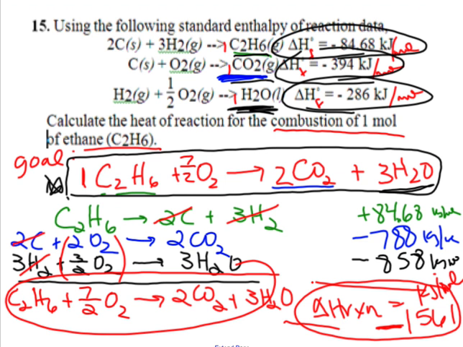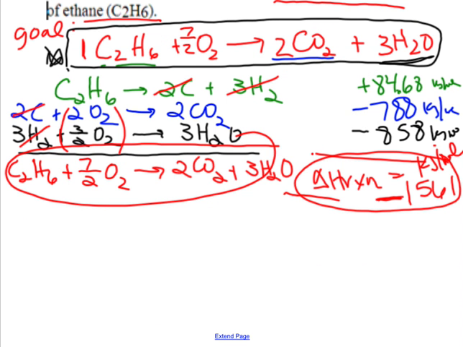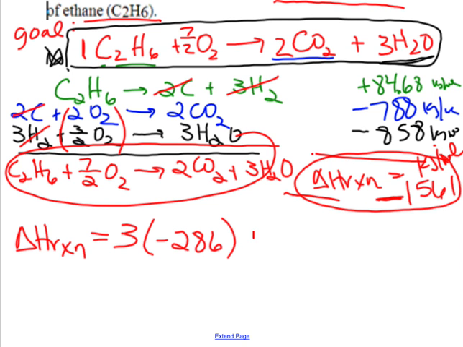So I'm going to extend this page a little bit, and we're going to test out the whole concept of Hess's law. So delta H of the reaction is, it's out of my sight, so you guys are going to have to read it to me. 3 times, what's water's delta H up there? Negative 286 plus, and you need to tell me what's up there and not what's on the table, because a little bit of difference will make your answers not match up.